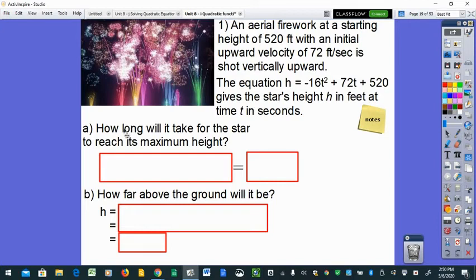So when it asks how long will it take for the star to get to its maximum height, it is asking for the x coordinate of the vertex. That's easy. Negative b over 2a. I'm going to take negative b over 2a.